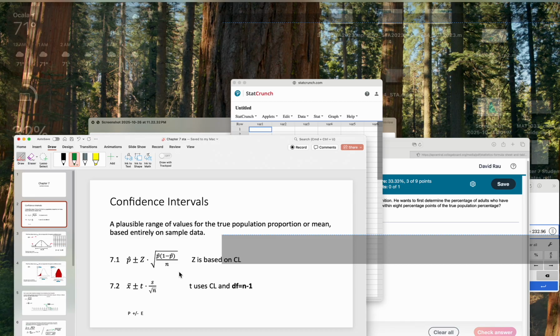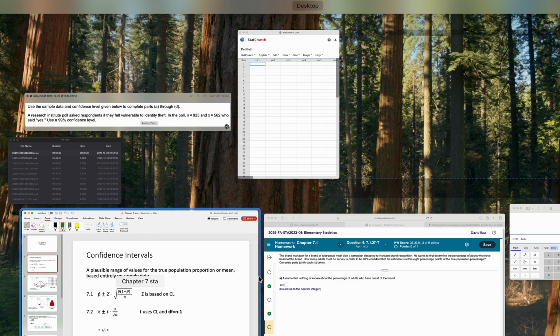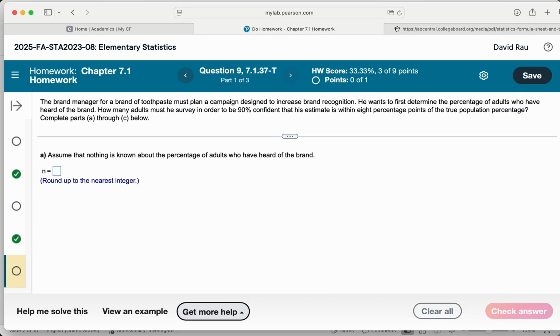It turns out that you can essentially take this margin of error formula and rearrange it, or in other words, you can just use StatCrunch to get your formula for how many people you should ask if you want to be confident about getting a certain margin of error.